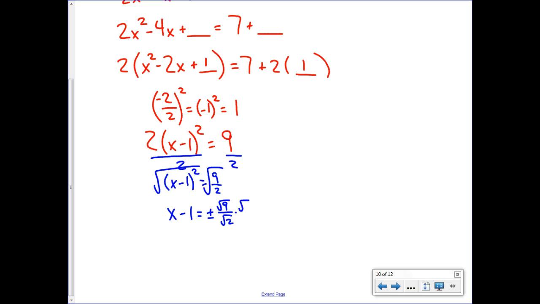I'm going to go ahead and multiply that by radical 2 over radical 2. And so then I add 1 to both sides, so I get x equals 1 plus or minus. Square root of 9 is just 3, and I have radical 2 over radical 2 times radical 2 is 2. So there's your answer for that one.